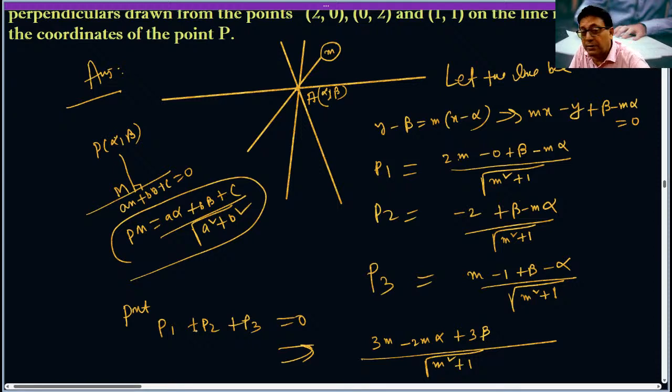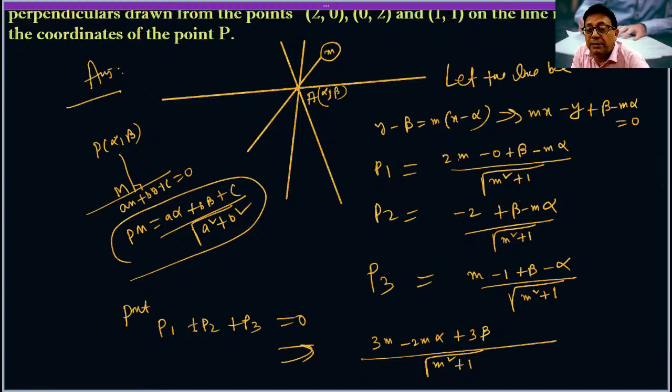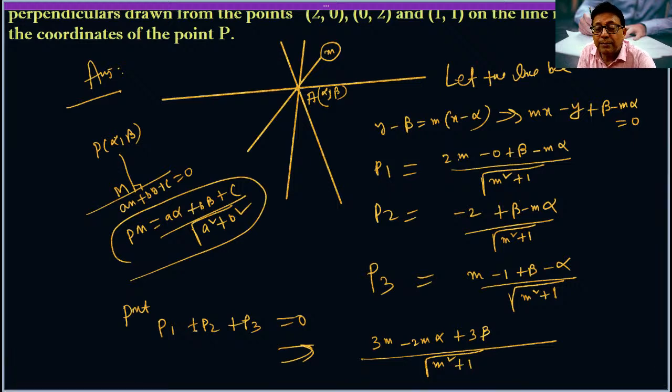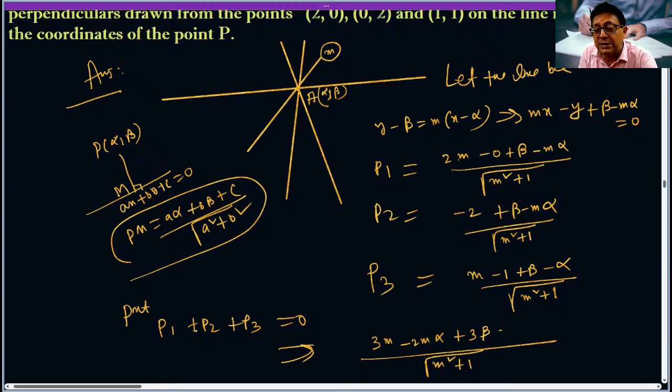This is the requirement of the problem, the condition of the problem: the algebraic sum of the distances equal to 0 is given over there. That's why. Now 3 beta, then 2m taken, alpha taken, and 1 constant, minus 3, not taken.